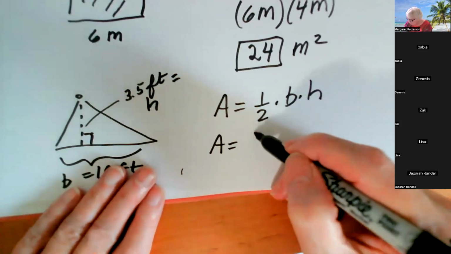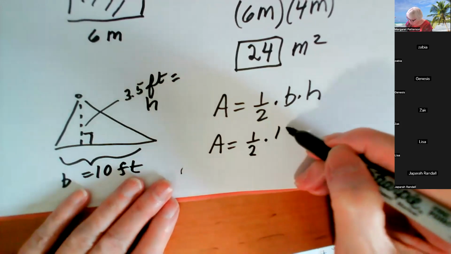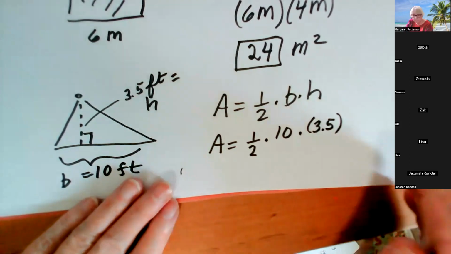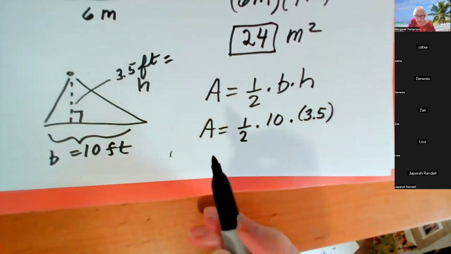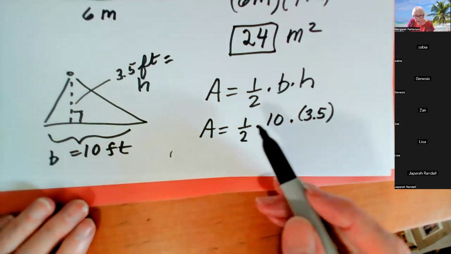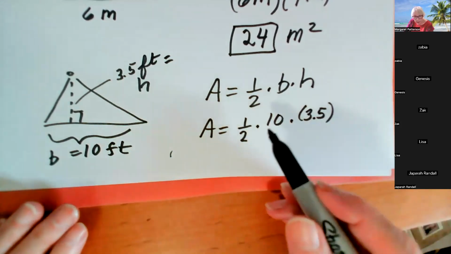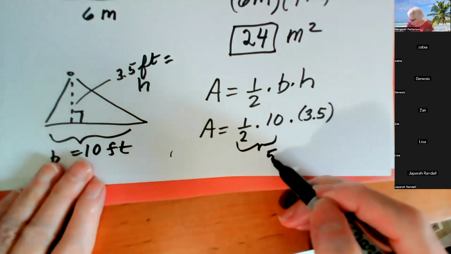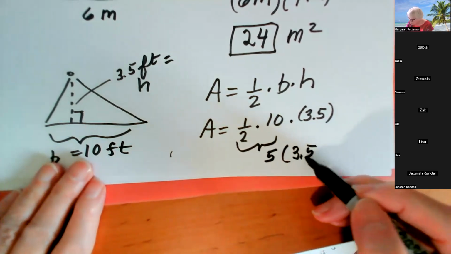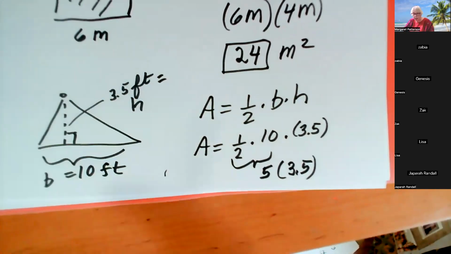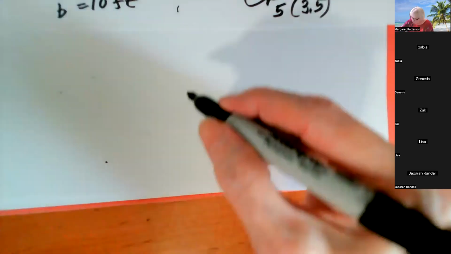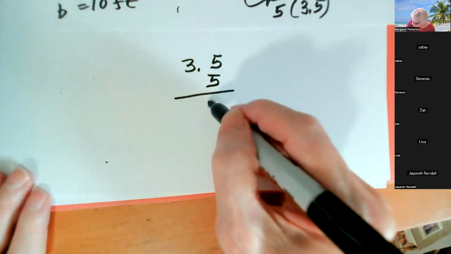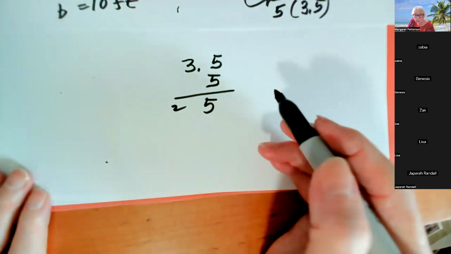So I would go 1/2 times 10 times 3.5. I just put in 3.5 just to be annoying. So you've got to multiply these three numbers. 1/2 of 10 is 5. And then you'd have to multiply 5 times 3.5 to get your answer. So let me just do that. 3.5 times 5. 5 times 5 is 25, carry a 2.